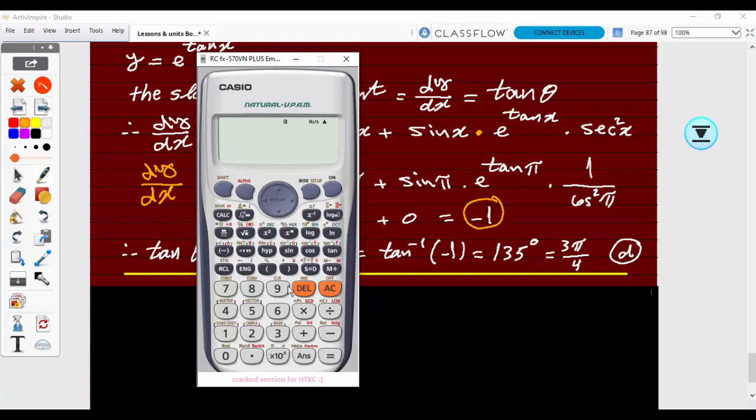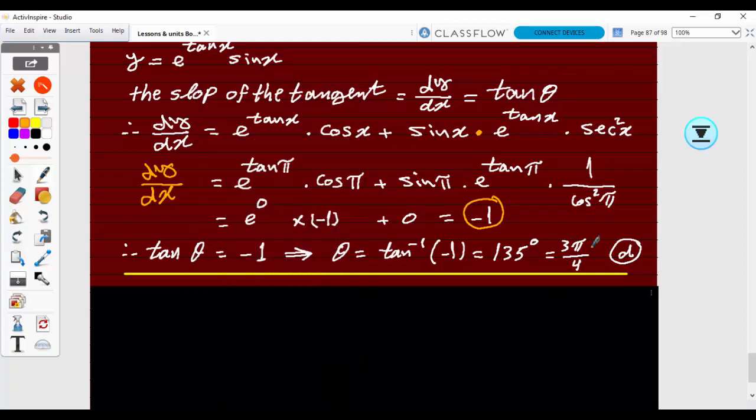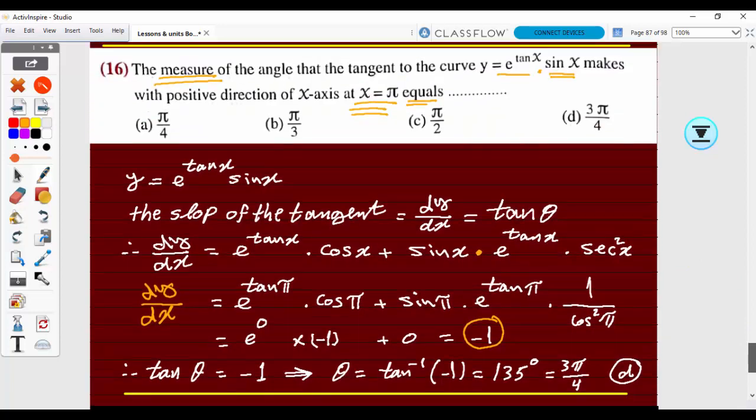We have 135 times π all over 180, which equals 3/4 π. So the result will be 3π/4, and you will choose letter D. Letter D.